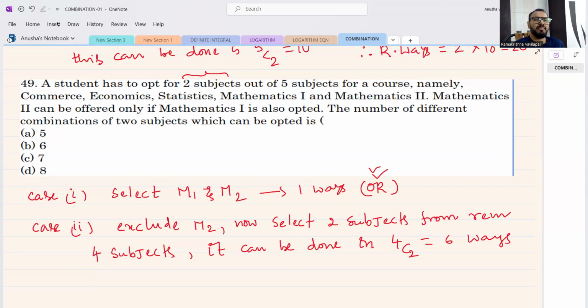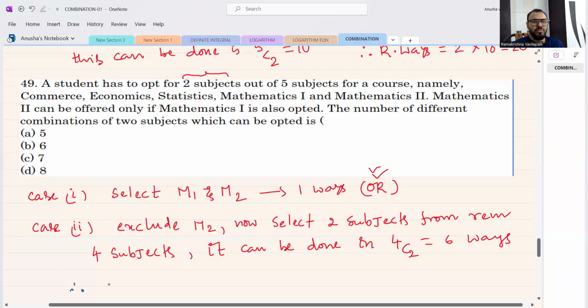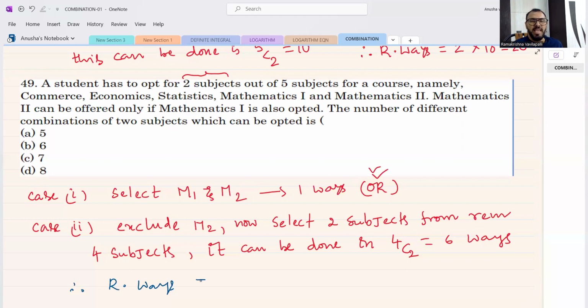So the required number of ways equals either 1 way or 6 ways. This is equal to 7. These are the restricted combinations, include and exclude. If M2 is included, then you must include M1. If M1 is included, it is not necessary that M2 has to be included.